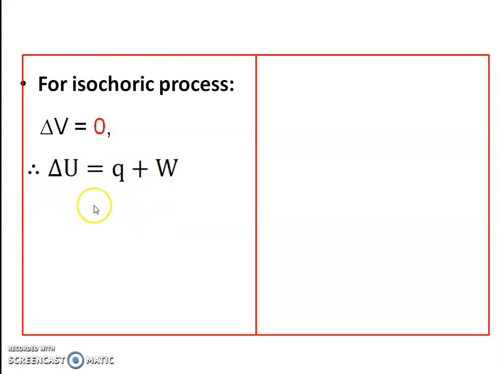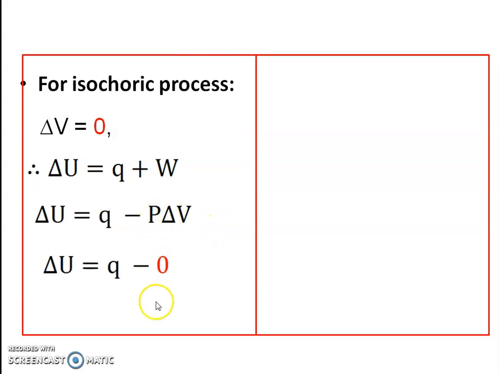This is the first law of thermodynamics: delta U is equal to Q plus W. But you know that W is equal to minus P delta V, and therefore this expression can also be written as delta U is equal to Q minus P delta V. But here delta V is equal to 0, and therefore the P delta V term will be 0 for an isochoric process, and we get delta U is equal to QV.